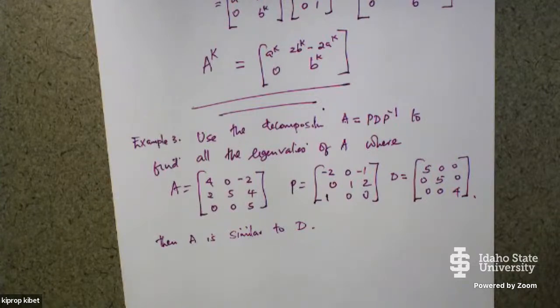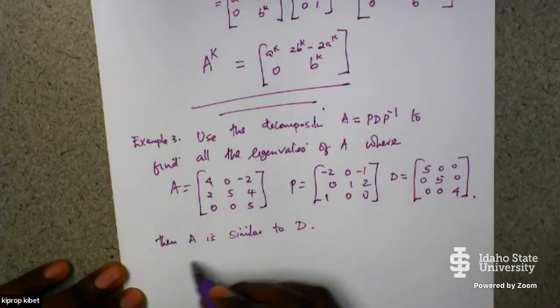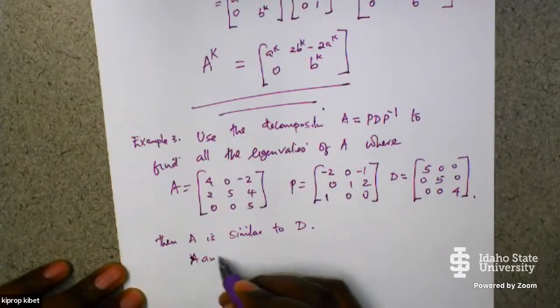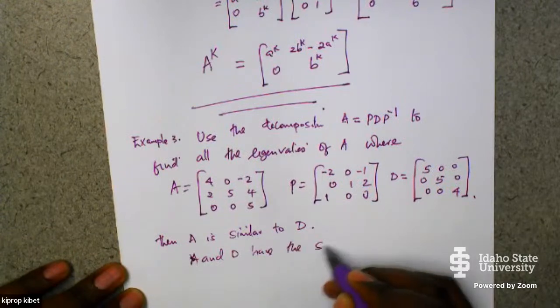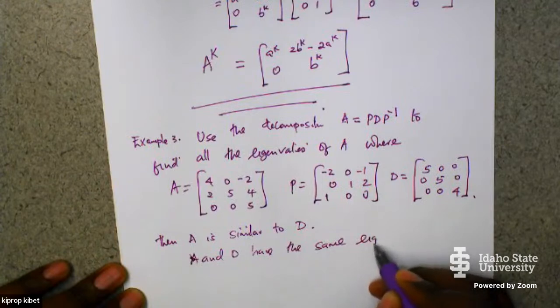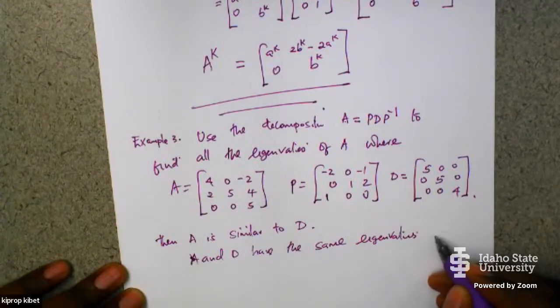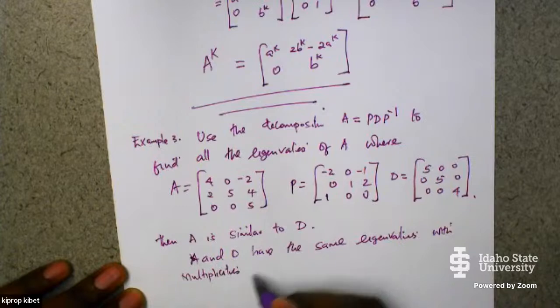So basically, the determinant here, so we have lambda. So we can say A and D have the same eigenvalues with multiplicities count.